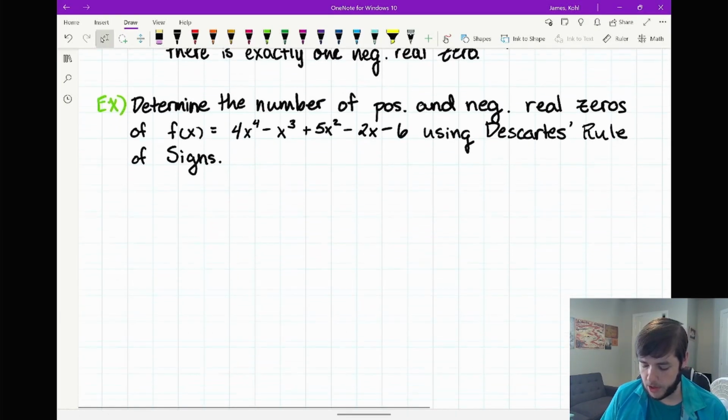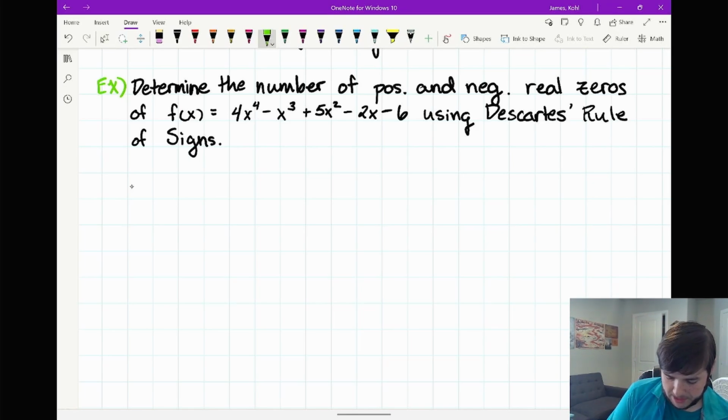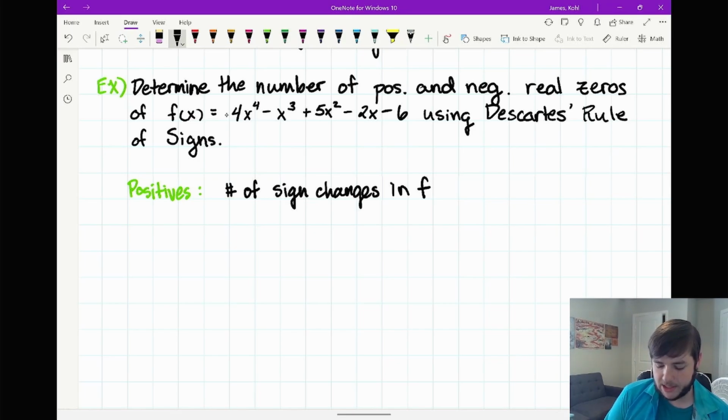To determine the number of positive and negative real zeros of this polynomial using Descartes' rule of signs, let's start with the positives, since this one requires slightly less work. We need to find the number of sign changes in f. Notice I start from positive, and then I change to negative. That's 1. Then I change back to positive, 2.